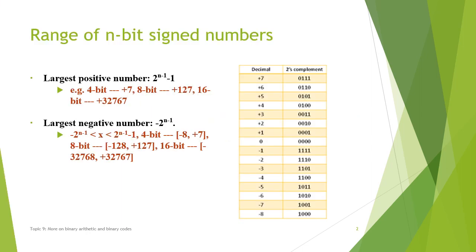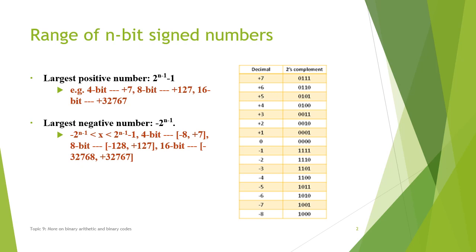First, whenever we talk about a signed binary number, we have to specify how many bits it has, right? Which means there's always an upper and lower limit for the given signed number. For a given n-bit signed binary, the largest positive number equals 2 to the power of n minus 1, then minus 1.